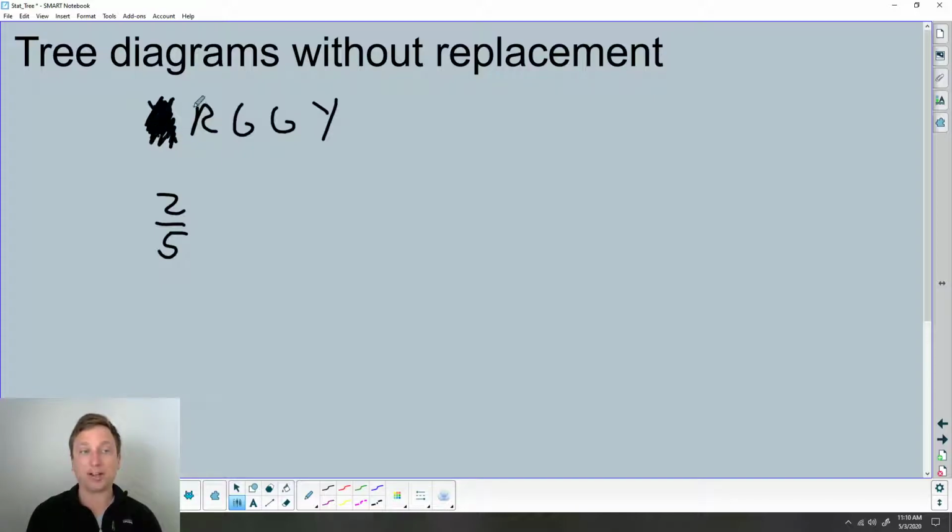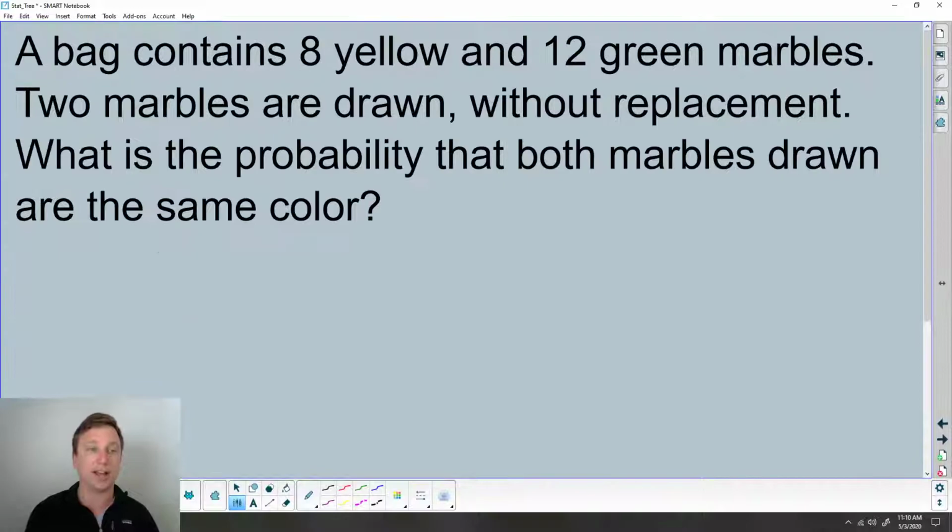So now if I want to find the probability of drawing a red again, I have 1, 2, 3, 4 outcomes and only one of them is red. So this sample space is decreasing because we're taking values out of it. So we're going to see this descending order when we take values out and work on tree diagrams without replacement. We're not putting the value back in.